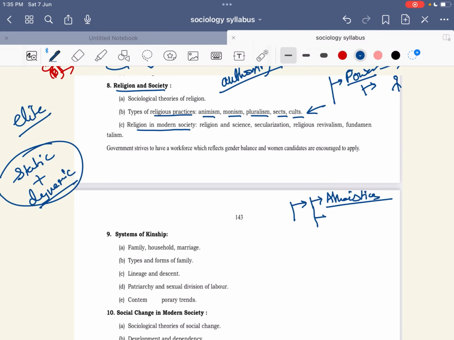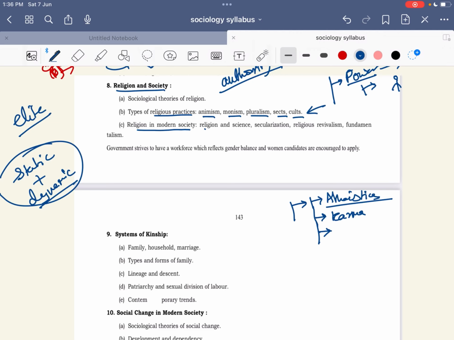Some people are there, they don't believe in anyone, but they believe in karma. Understand what I am telling? So religion in the modern society, what changes in the religion has come in the modern society? Means what changes in religion as the institution is there in modern society.